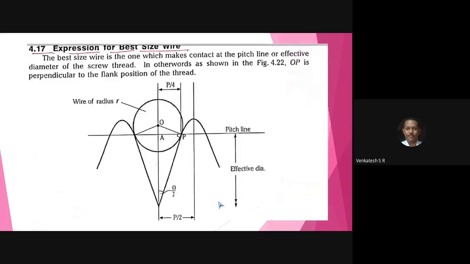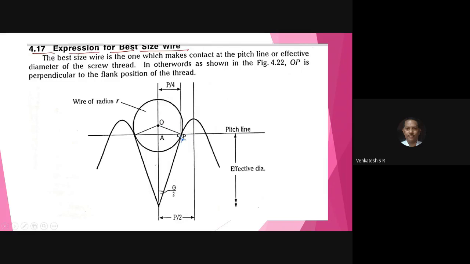Next, as I told you, you have to write the expression for the best wire size. That is, write the thread profile like this, and this is the pitch line, this is the effective diameter, pitch divided by 2 and pitch divided by 4, and complete the triangle OAP.